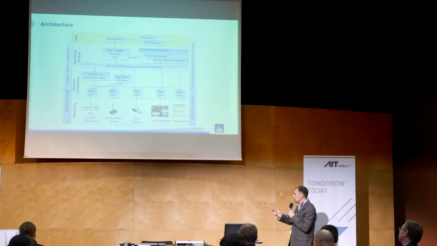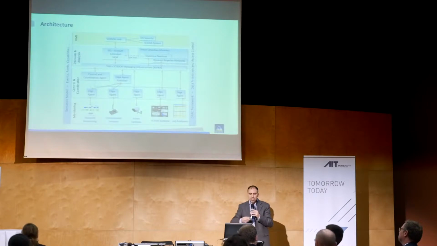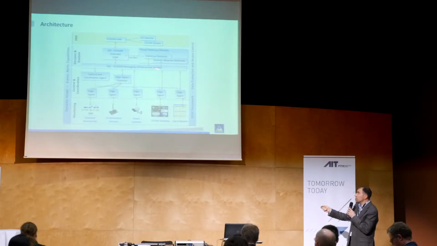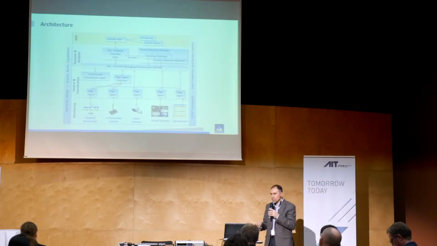And then we have a messaging infrastructure. We use the Apache Kafka system, and this is an infrastructure in which we can feed all the information, and we have several consumers of this information. One is a traditional SIEM, which is extended.